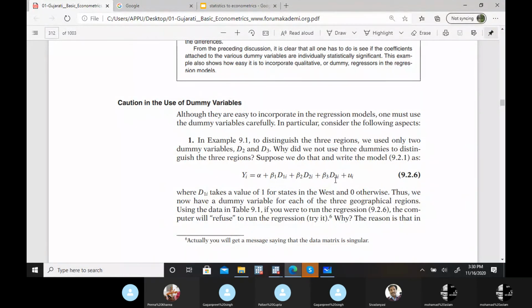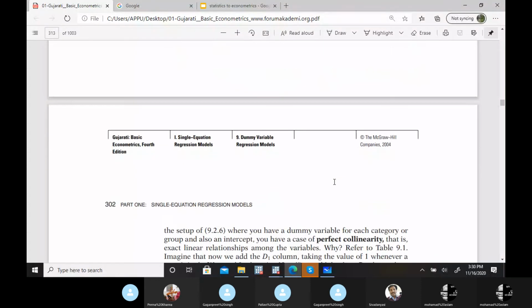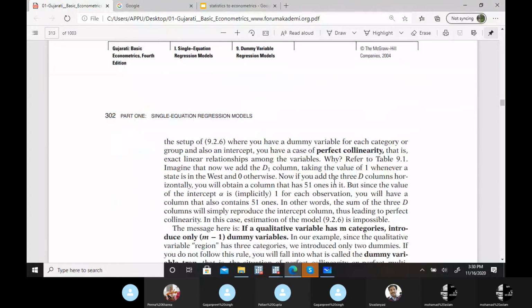The reason is, if we introduce all the dummy variables, then you will be caught with the problem of perfect multicollinearity. And how will that happen? You have to keep in mind that the value of your intercept coefficient is 1.